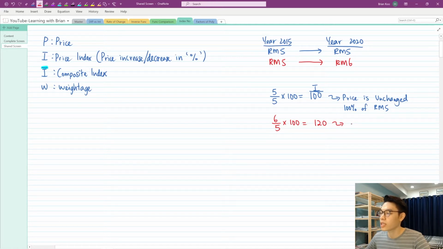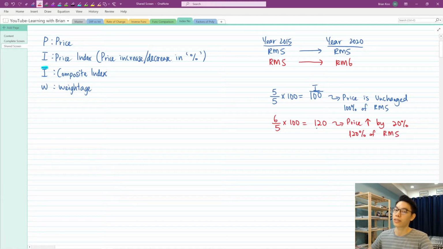This just means that the price has increased by 20%. Just now it remained unchanged, now increased by 20%. Or you can just say that this is 120% of the original RM5. So this is what price index is talking about.